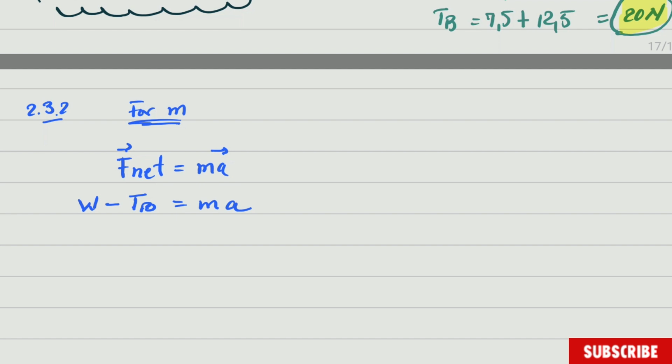And then we have a tiny problem here. We don't have weight, but you all should know that weight is equal to mass multiplied by acceleration due to gravity. So all we're going to do is to substitute this formula in that one there. So we are going to have mass multiplied by acceleration due to gravity minus tension B is equal to MA, and we can now substitute everything.